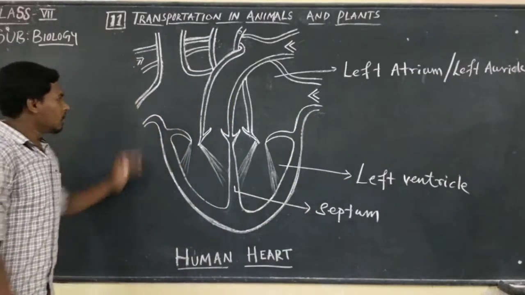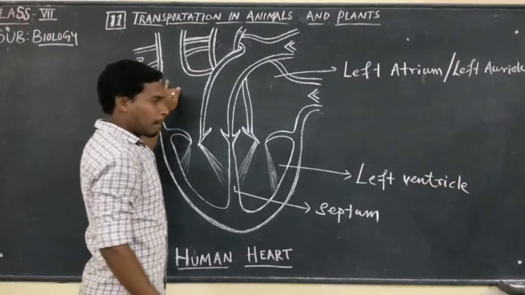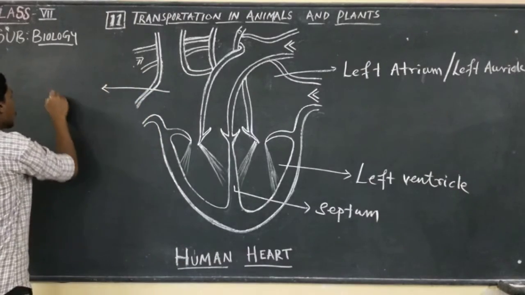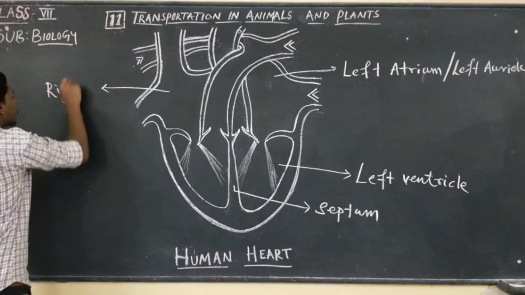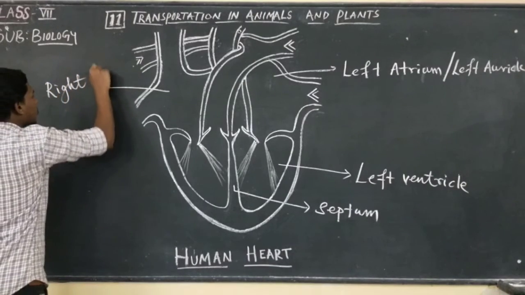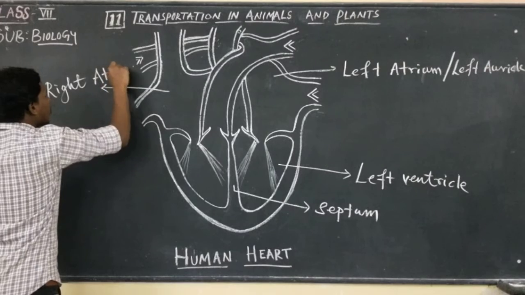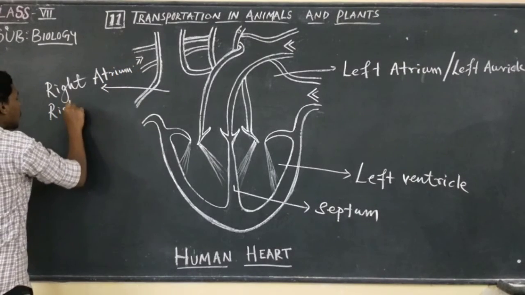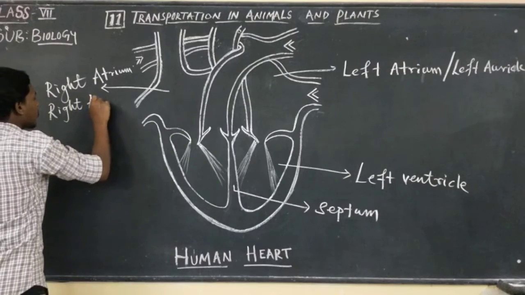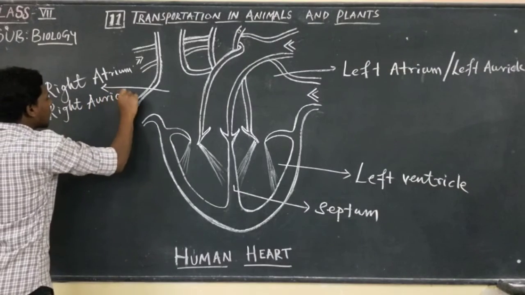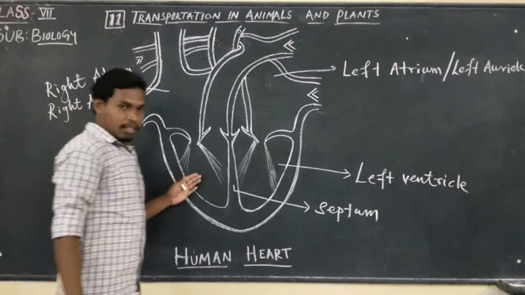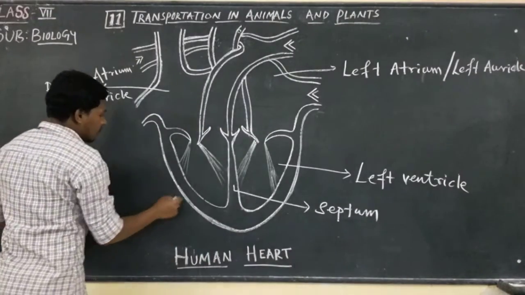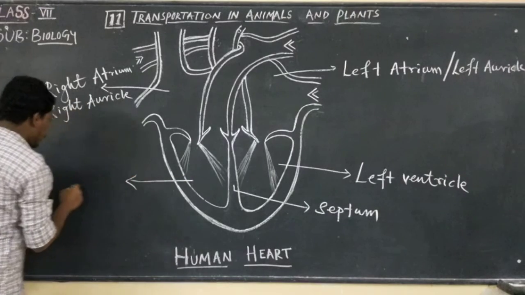Now this side is going to be the right atrium or right auricle, and this is going to be our right ventricle.